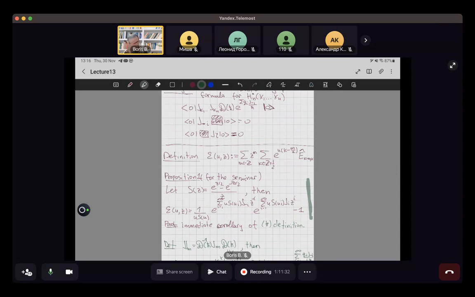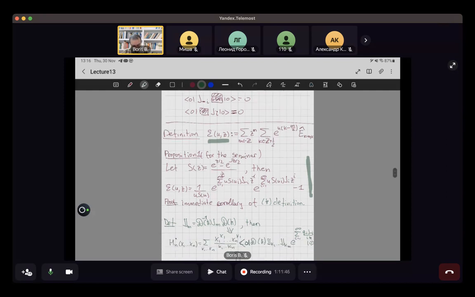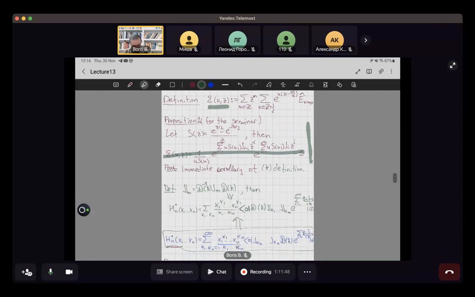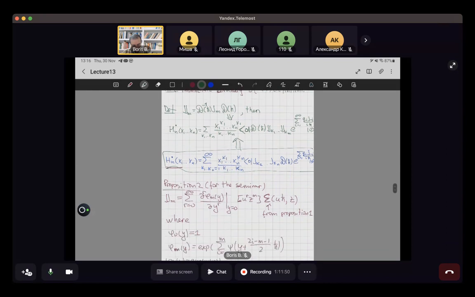So why do we need this expression for epsilon? Because later we express J bold in terms of these epsilon operators. So we have this explicit formula for the epsilons, and therefore this statement gives the explicit formula for J operators.